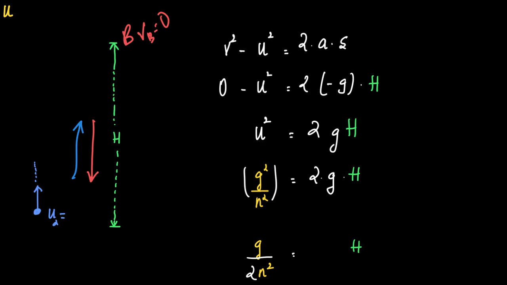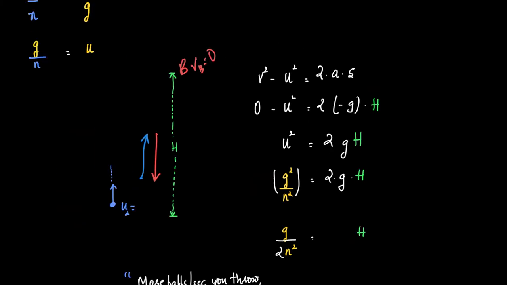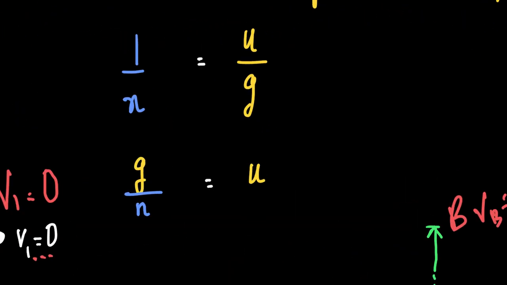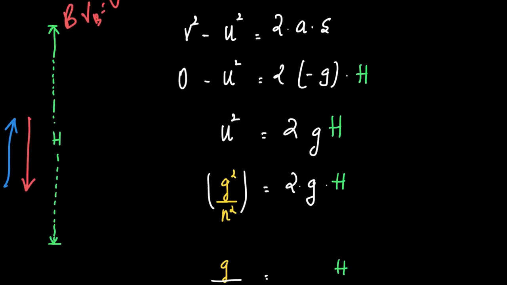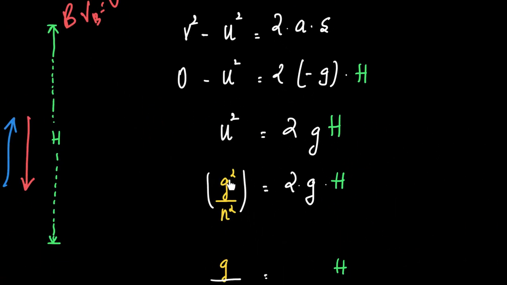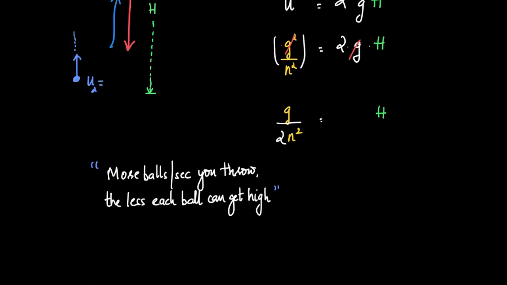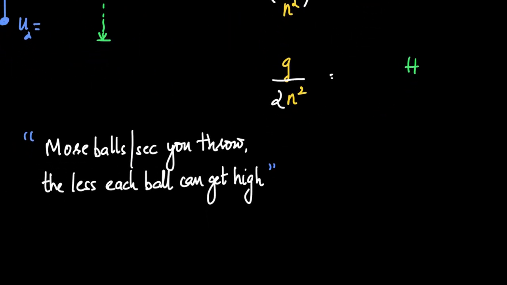Minus and minus is plus, so U squared is 2gh. Since U is equal to G by n, U squared is G squared by n squared, equal to 2gh. G squared by G is G. So what we get is h is equal to G by 2 n squared.